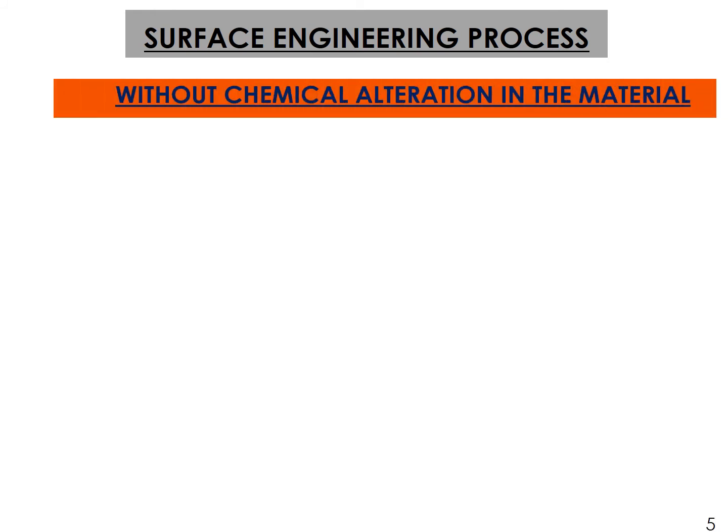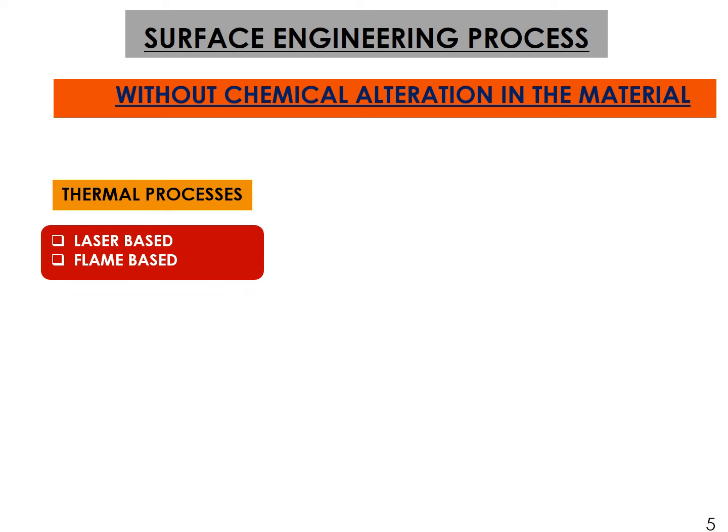So the first one is without chemical alteration of the material. Under this category, there are commonly used processes. This classification can be widened, but just for the sake of understanding, I have taken it in brief. So let's classify it: first is thermal processes. What are these thermal processes? As you see, laser based and flame based.